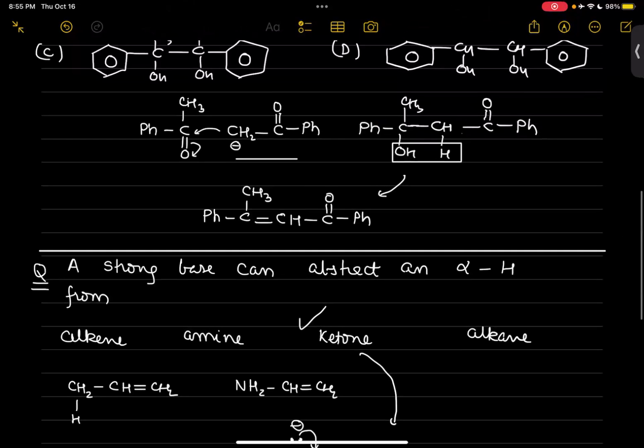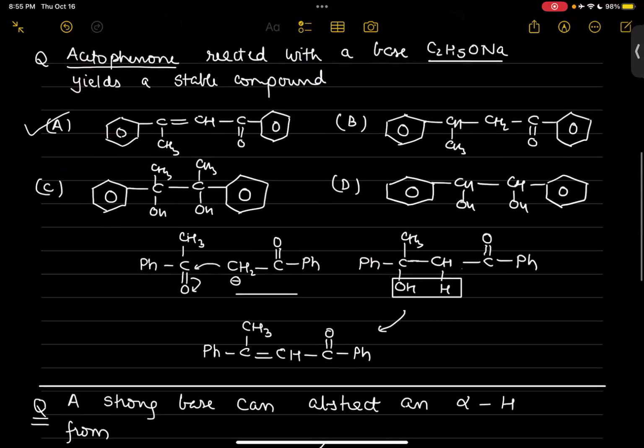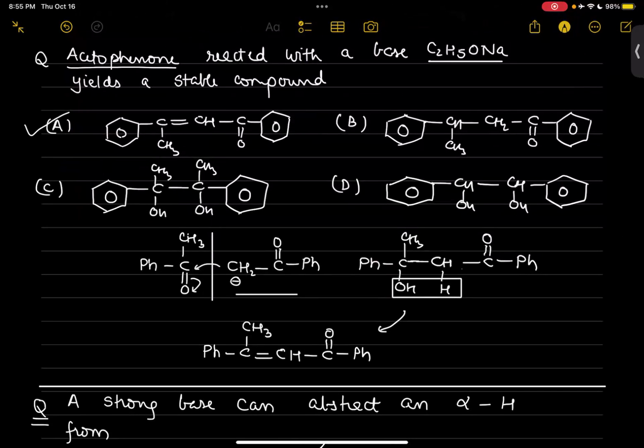So the same thing has happened here also. Okay, so alpha hydrogen got removed. It will go and get attached to the positively charged carbon of C double bond O. But that I can't keep as C double bond, I have changed it to a single bond OH.